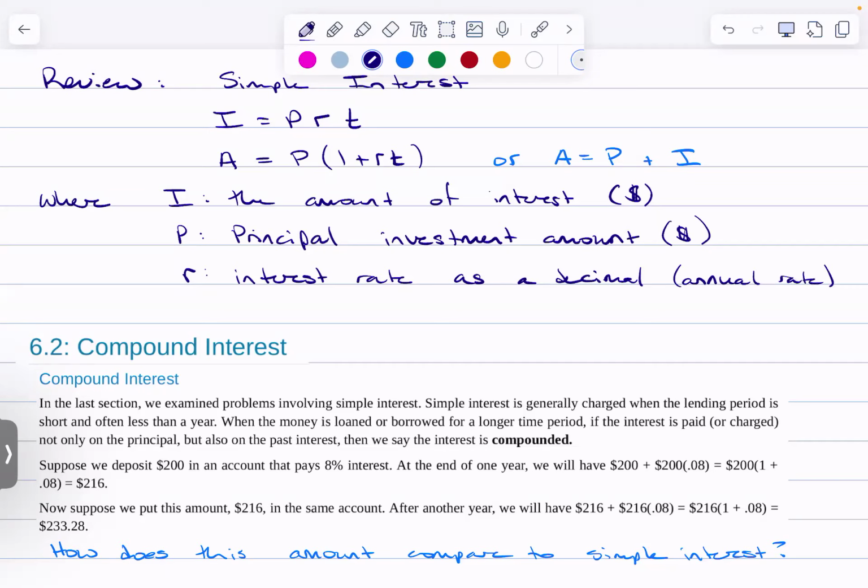We only saw one example where I kind of flubbed it, and it was a monthly rate, and then we had to change T to match the months. But if we just force them all to be annual, then we're safe. Okay? And then T is the time in years.